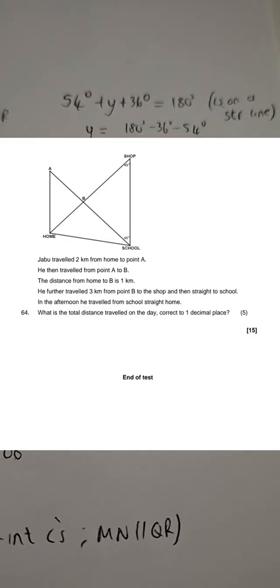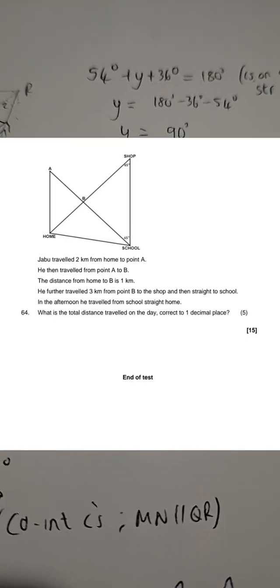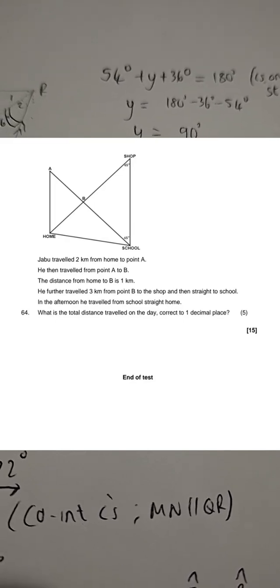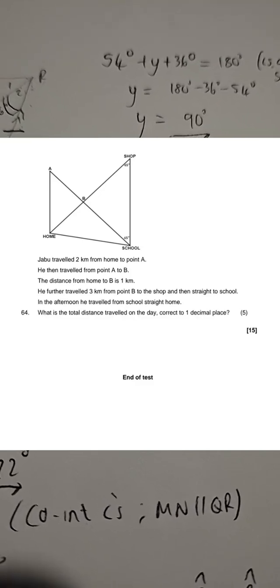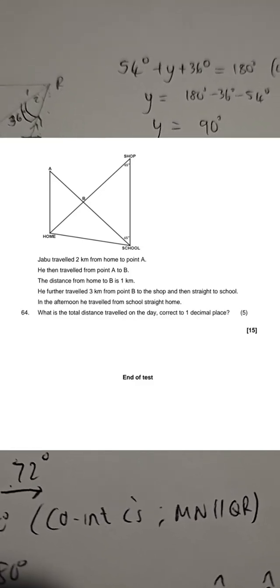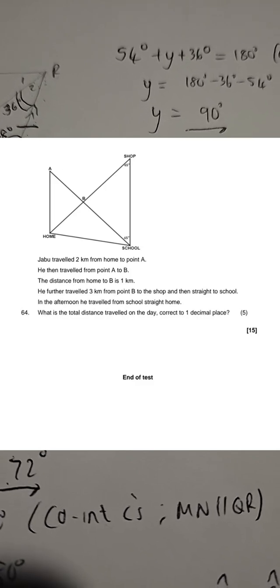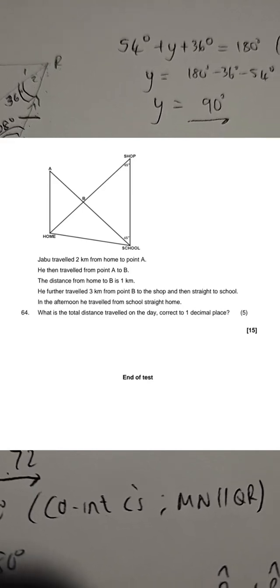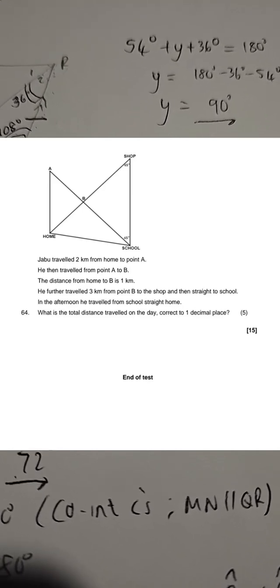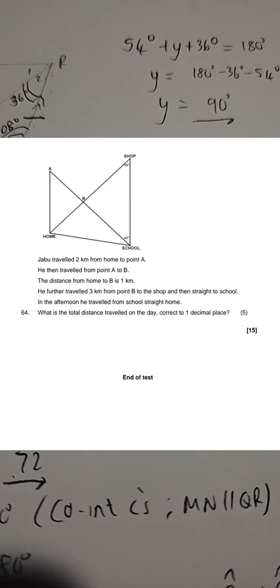This GEC 2022 paper is not complete. There's one last question, but I will not do it now because I have to go. The last question is this one. It has to do with distance, speed, and time. So you can screenshot this, attempt to do it and see if you can do it on your own. In 5 seconds, I will end the live. Screenshot now. 5, 4, 3, 2, 1.